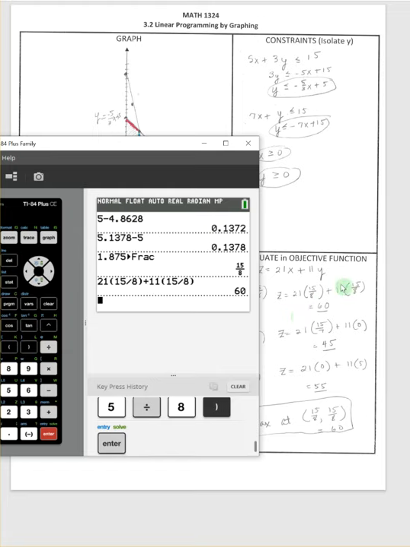So you don't have to do the calculation by yourself. You can get your calculator and do it the same way. This goes to 0, this goes to 0, so you're just doing one piece here, one piece here.